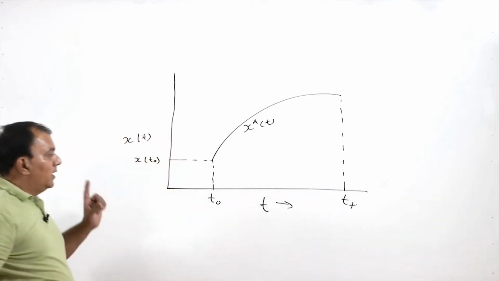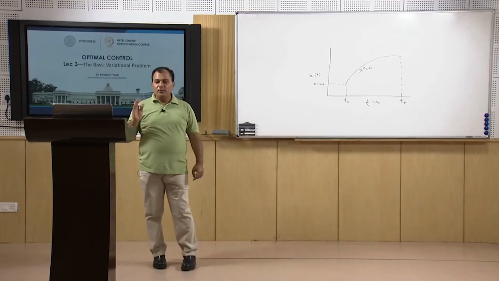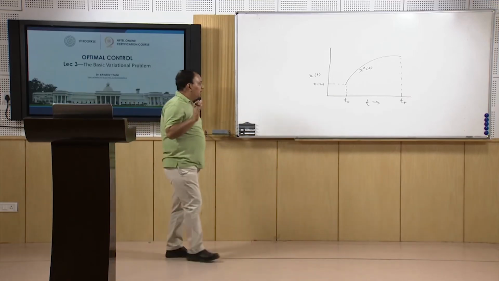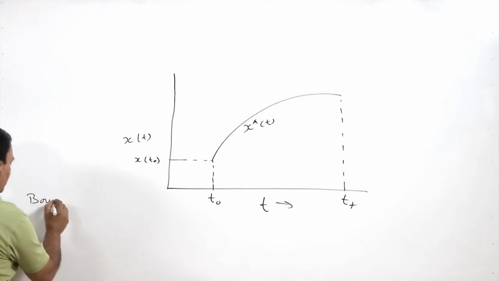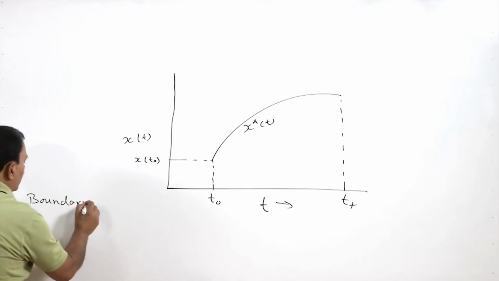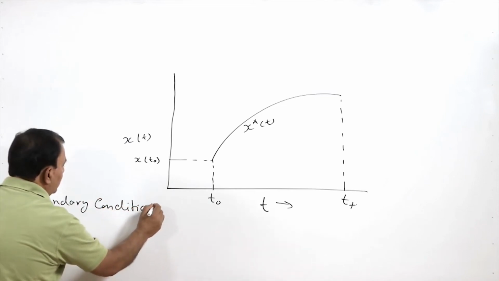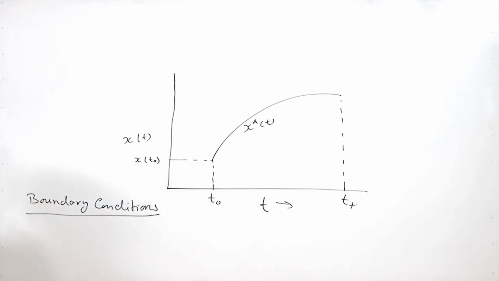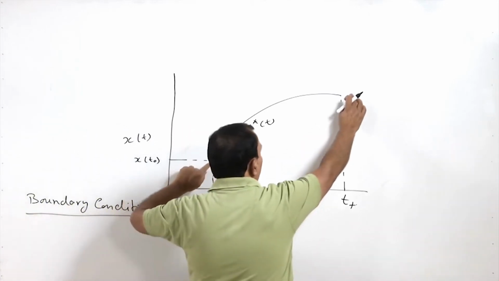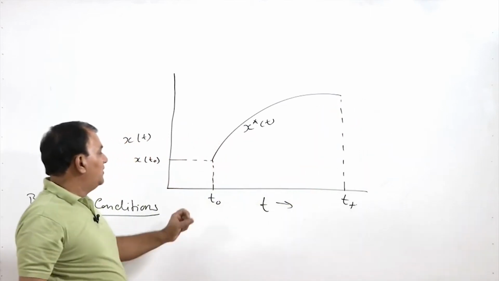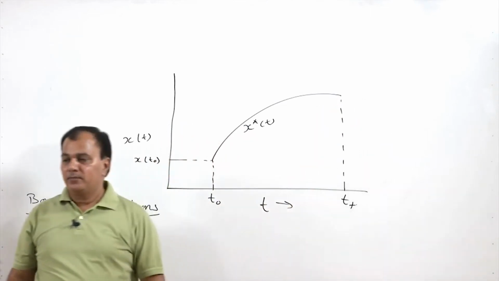Now, once we are solving this optimal problem, we must be defined with the boundary conditions. So, what may be the boundary conditions? What is the value of my function x(t) at t0 and tf?